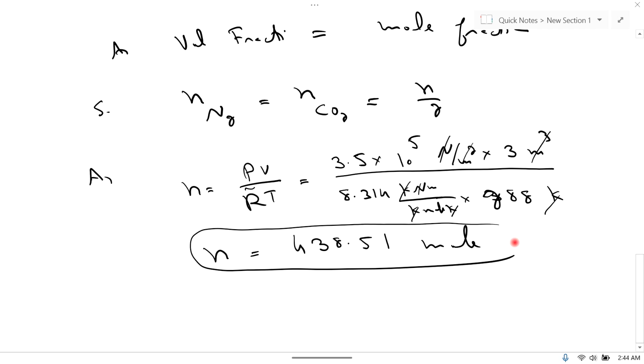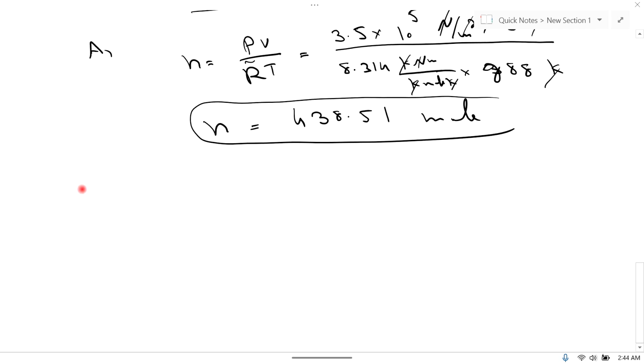Now we are calculating the number of moles of nitrogen and the number of moles of carbon dioxide.